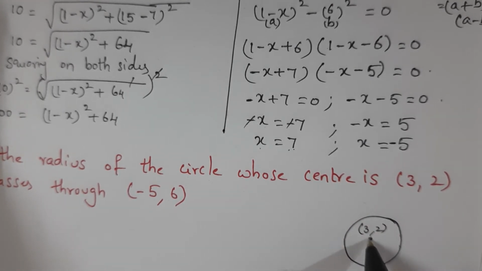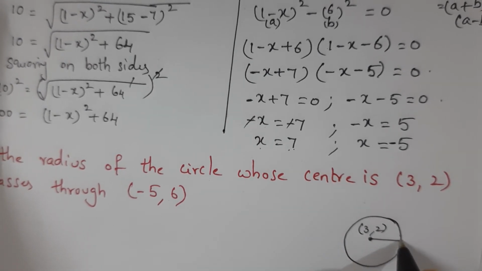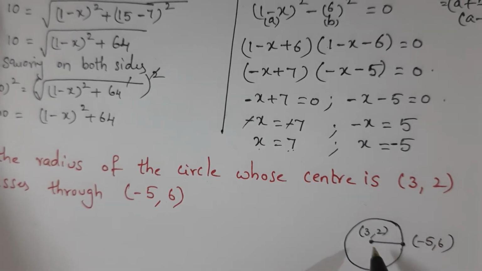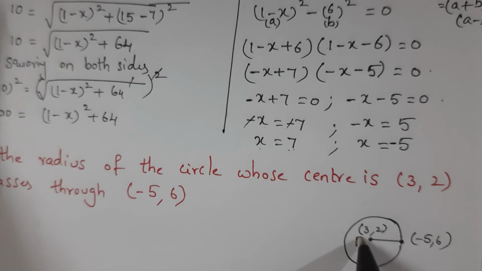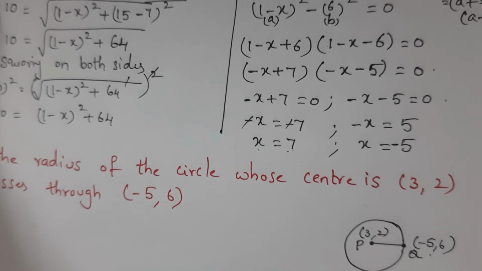So from this a line is passing, that is passing through, suppose here it is, assume that is minus 5, 6. So this is center, let us take it as P and this one as Q. So here there are 2 points and now we have to find out the radius of the circle.